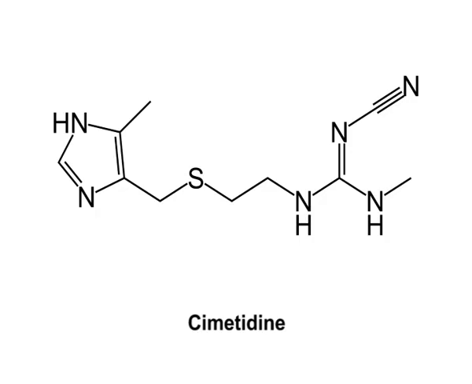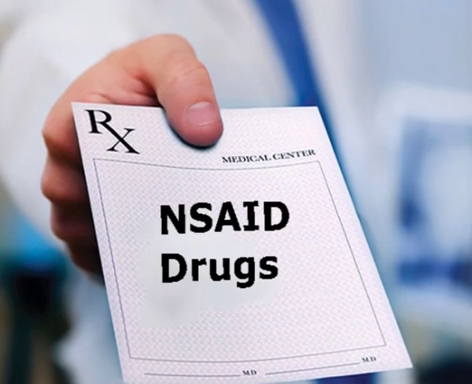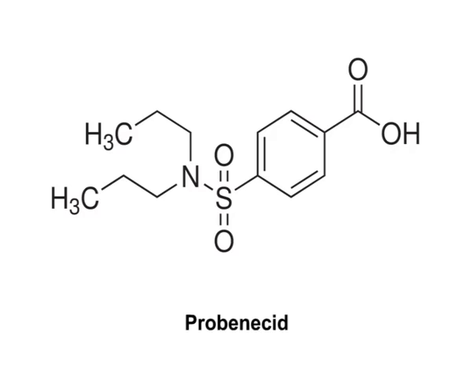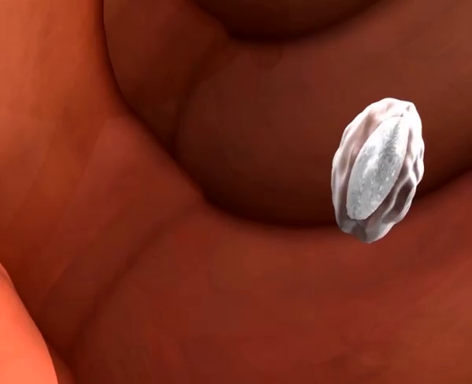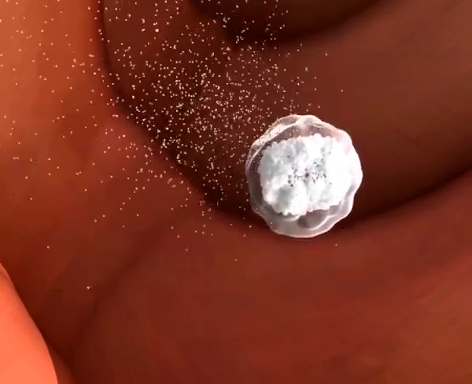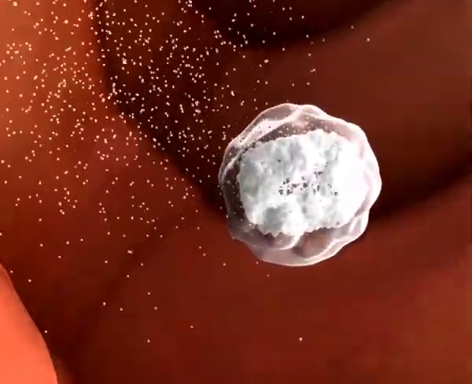The active secretion may be inhibited by secondary agents such as cimetidine, non-steroidal anti-inflammatory, that is NSAID agents, and probenecid, with resulting elevations in the serum drug concentrations and reducing urinary drug concentrations. Various drugs can interfere with the active transport.